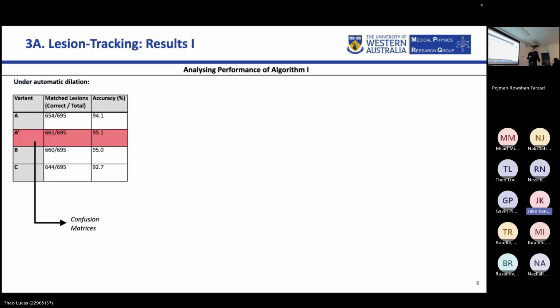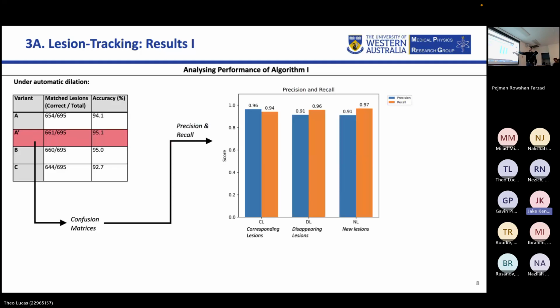And then actually looking at all the matching decisions in a bit more detail. So asking, did it incorrectly classify a corresponding lesion as a new lesion, etc. We were able to build confusion matrices and plot precision and recall curves across the 3 unique lesion categories.